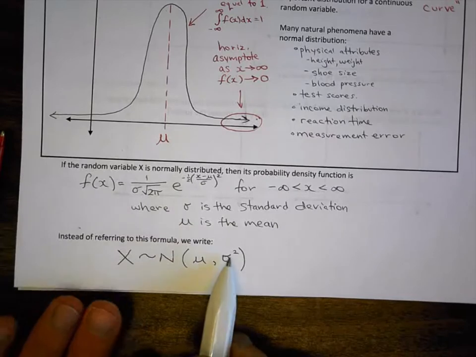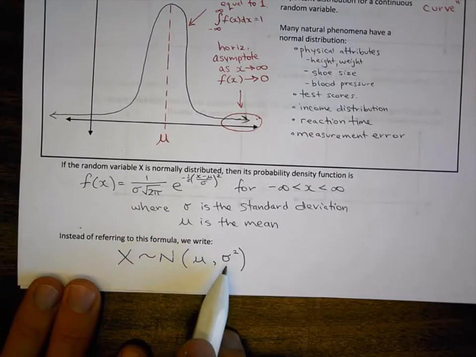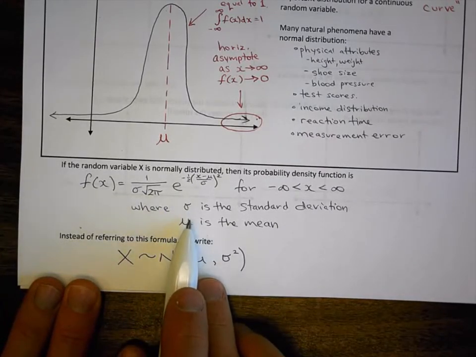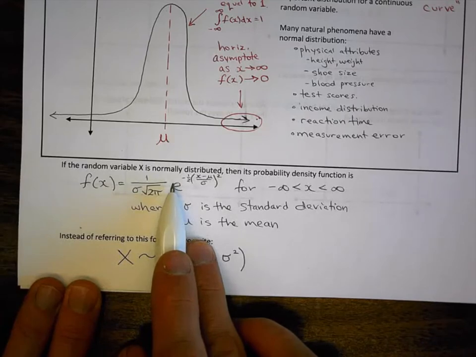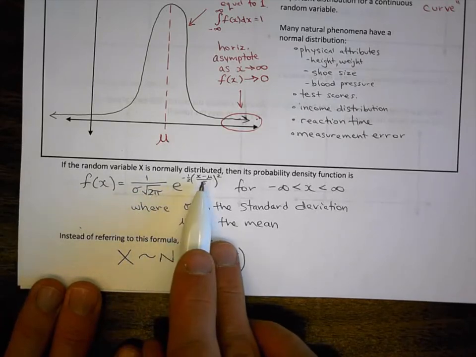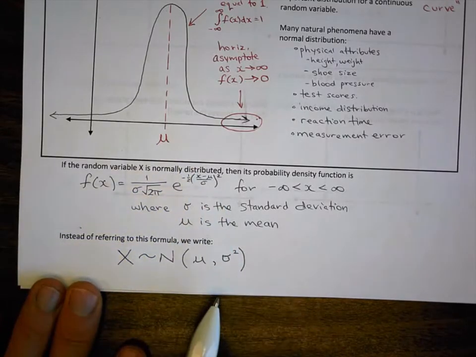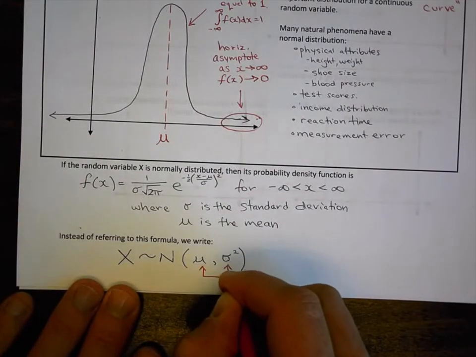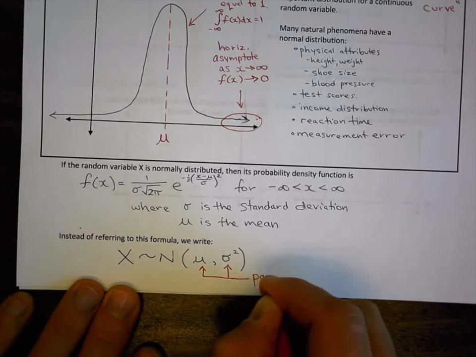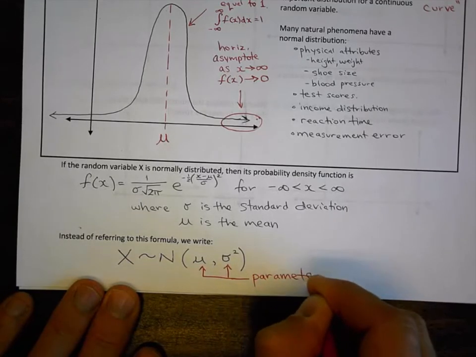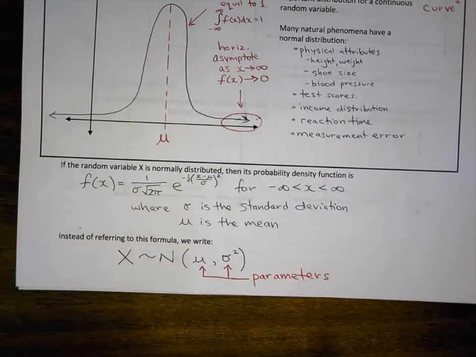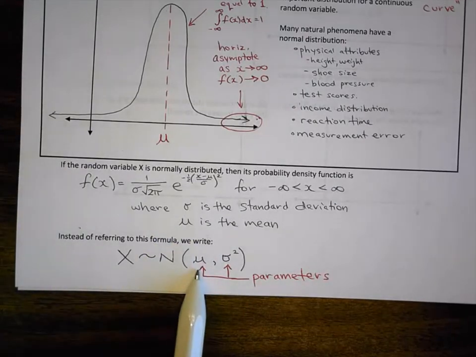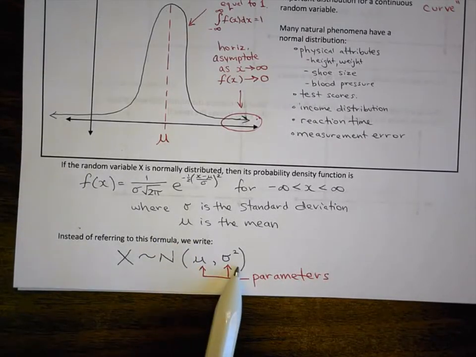So we're only ever going to note these two parameters because they're the two variables we need to define this curve. In every situation, the curve is a little bit different based on these two parameters. You'll notice the parameters are the mean, mu, and sigma squared. It's actually the variance that we write here.